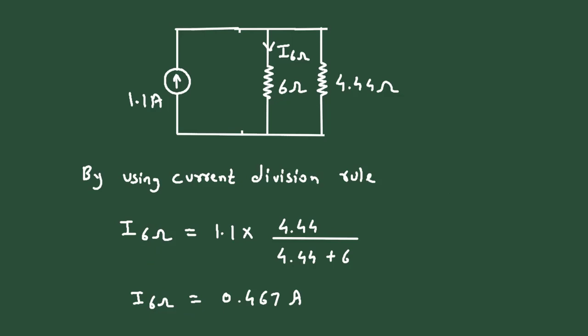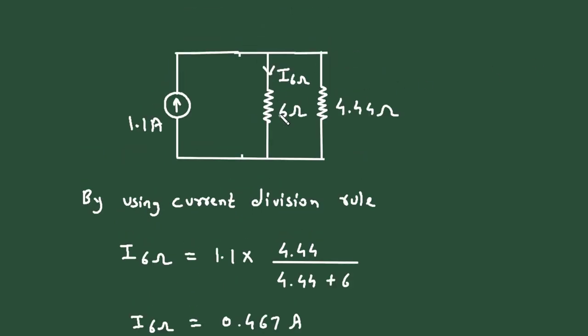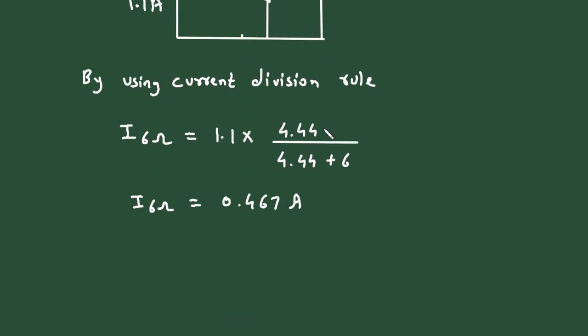But we have to find the voltage across this 6 ohm. So the voltage across 6 ohm, let's say it is V6 ohm, will be the current I 6 ohm multiplied by the value of resistance. The value of resistance is 6. So it will be 0.467 multiplied by 6.